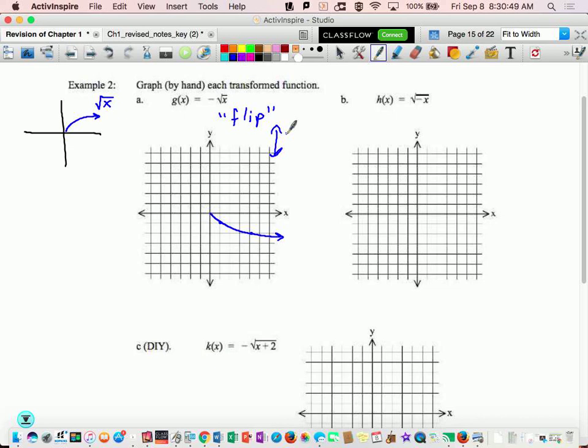Whereas this one, because the negative is inside now, what x values can I use? I can put 0 in. What's the square root of -0? 0.